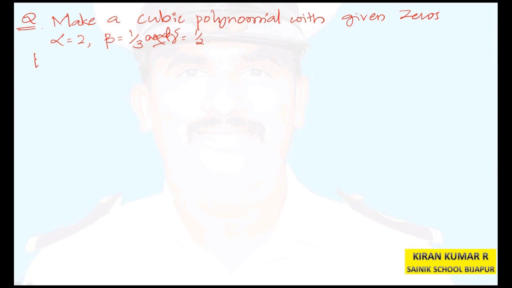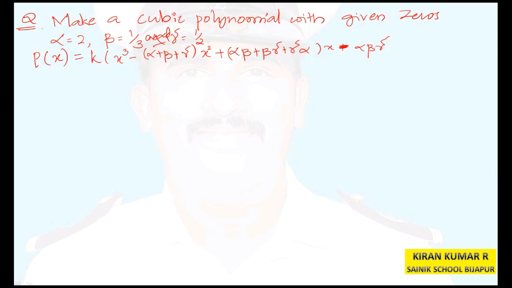You must remember, like the previous discussion, the cubic polynomial can be expressed as k times x cube minus alpha plus beta plus gamma times x square plus alpha beta plus beta gamma plus gamma alpha times x, sorry, this is minus alpha beta gamma. How do we remember this?